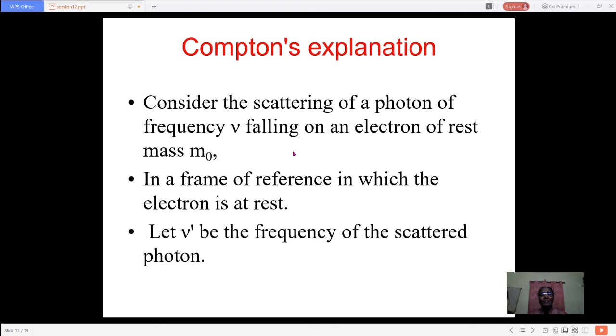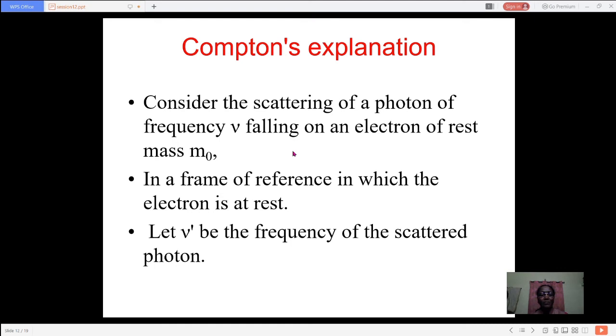Developing the theory, he calculated the Compton shift and verified whether it matches with the experimental results.